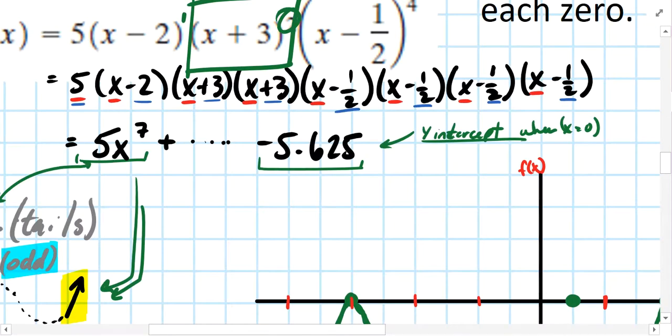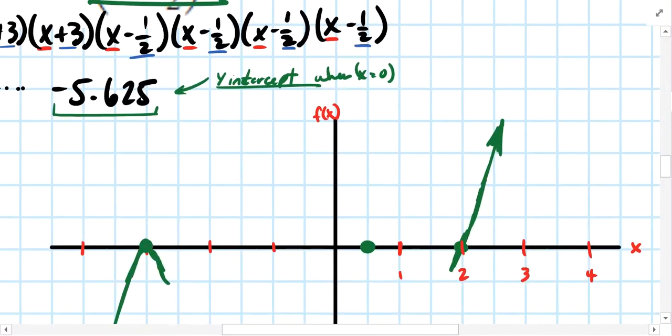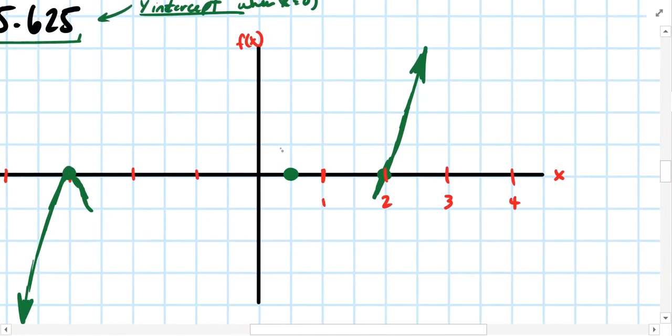Similarly, with the third 0 at positive 1/2, we're going to behave like a quartic graph, or a 4th degree polynomial. Now here again, with a 4th degree polynomial, we can bump into the graph and turn away, and that might happen above, on top of the x-axis, or below. But only one of these would be appropriate in this situation, and hopefully you would recognize that it's the second one that's better here.